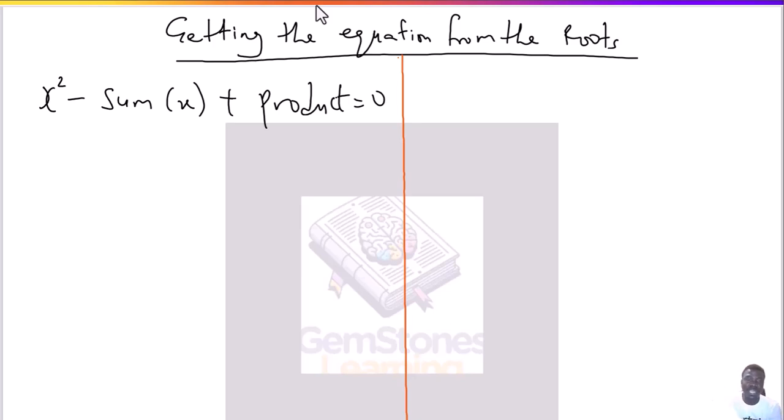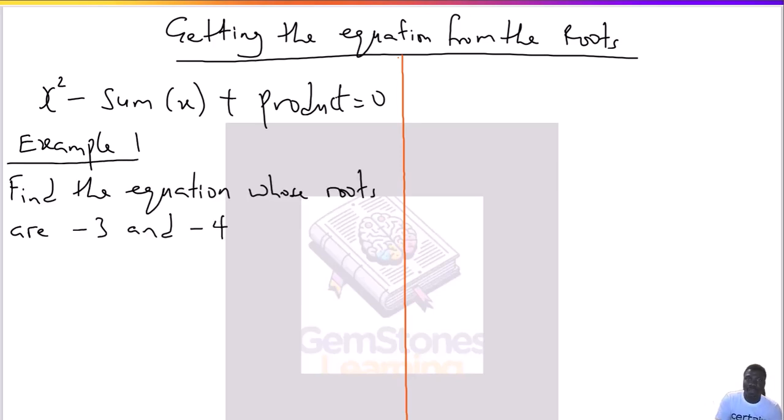I'm going to bring a wonderful example now. The first example we have here, example 1. Find the equation whose roots are minus 3 and minus 4. First, find their sum. So for you to find this solution, you find the sum.